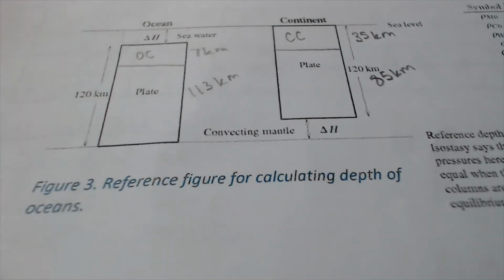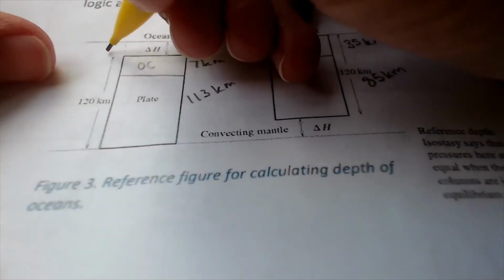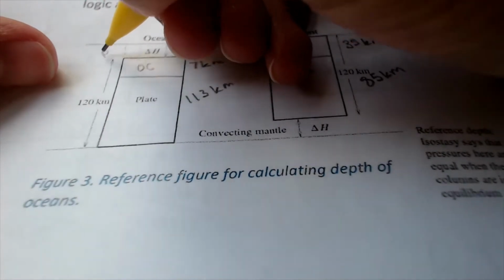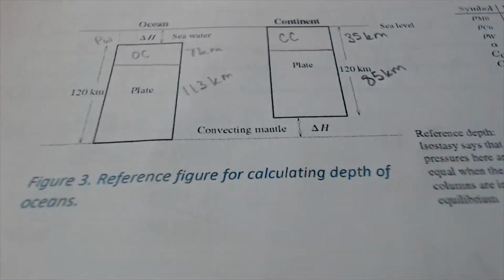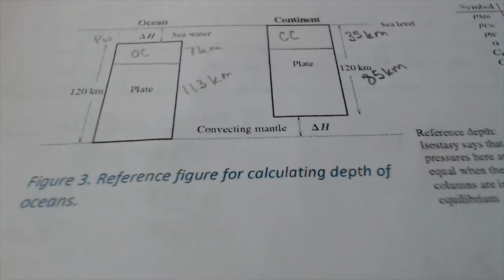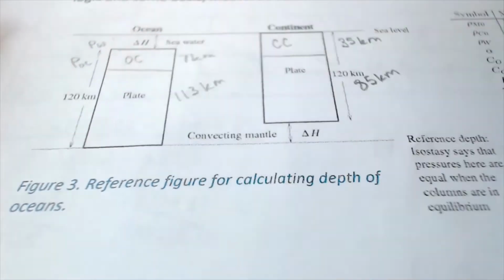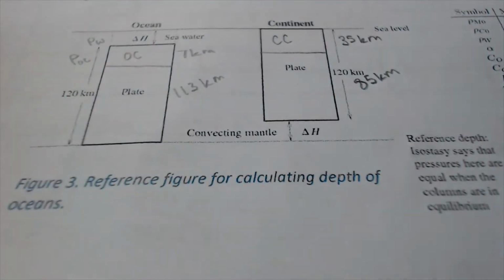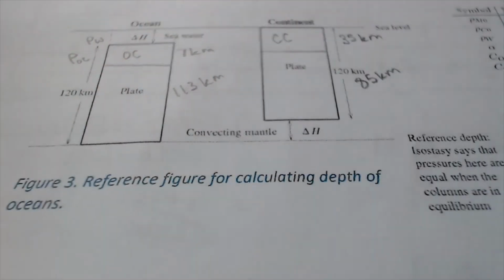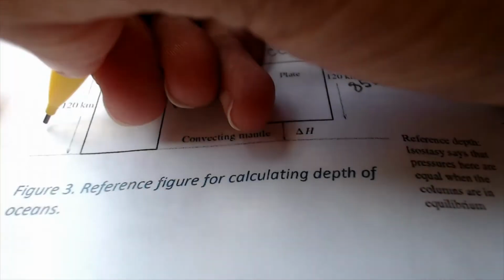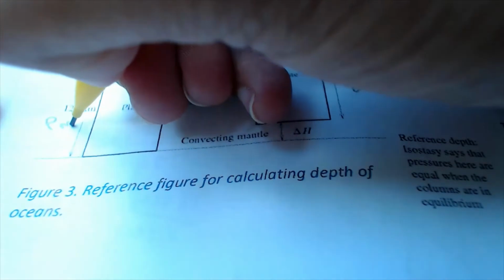So what I can do is put the symbol for that, which is a rho sub W. For oceanic crust, I'll put a rho with an OC for oceanic crust. And then for the rest of this, I will put a rho and an M for mantle rock.